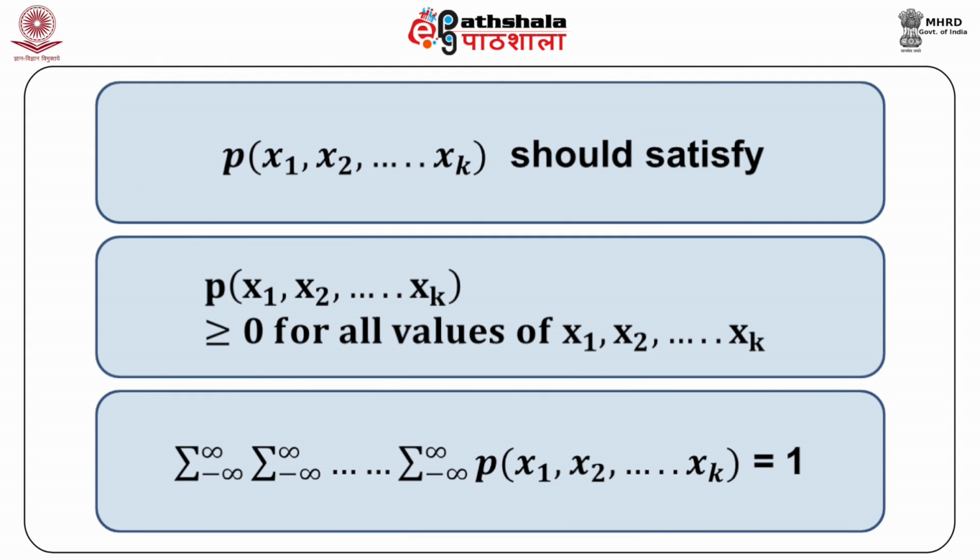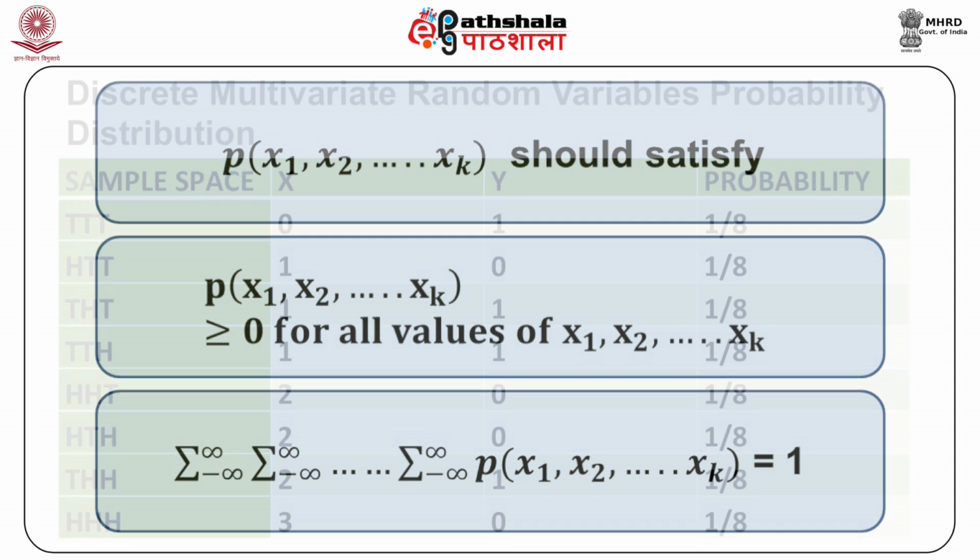Also, p(x1, x2, ..., xk) should satisfy that p(x1, x2, ..., xk) is greater than or equal to 0 for all values of x1, x2, up to xk, and that the summation from minus infinity to plus infinity, again in summation of minus infinity to plus infinity, up to summation from minus infinity to plus infinity, of p(x1, x2, ..., xk) should be equal to 1.